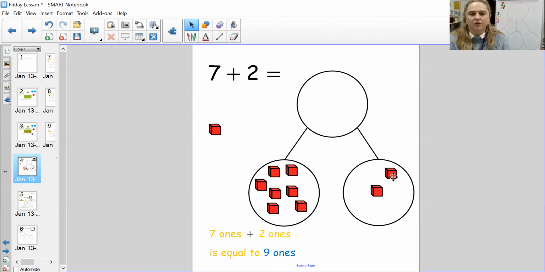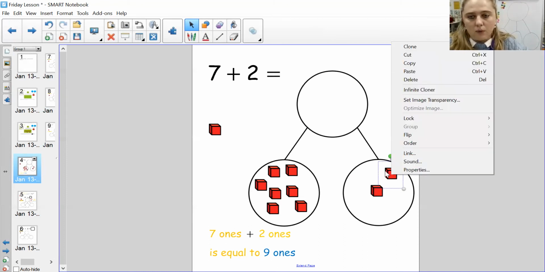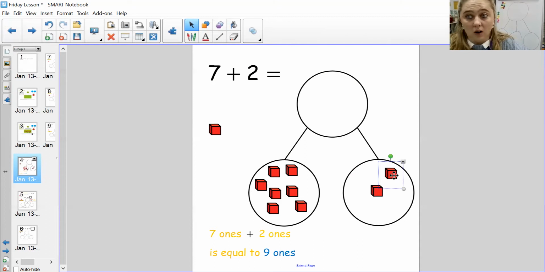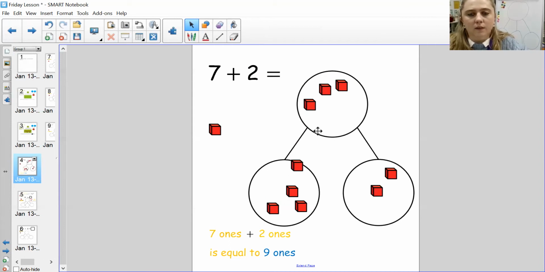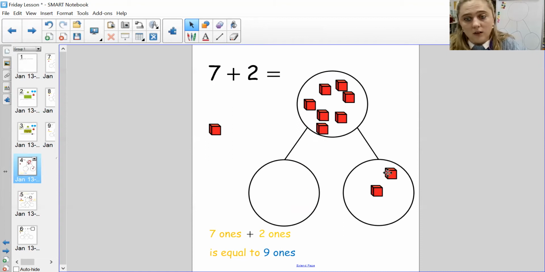Then what do we need to do to figure out the answer? Oh, I know. We need to move all of our parts into our whole. So we've got 1, I hope you're doing it too, 2, 3, 4, 5, 6, 7, 8, 9.